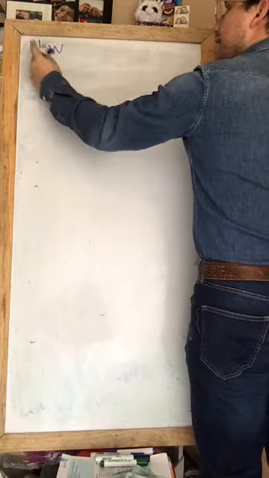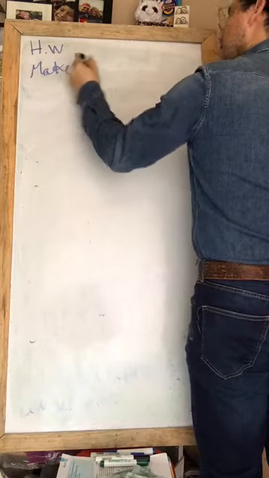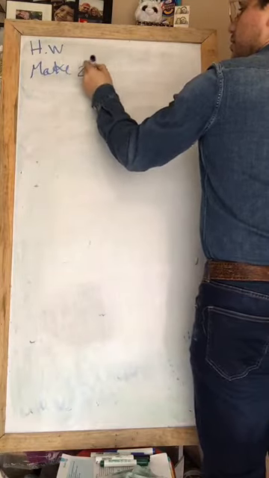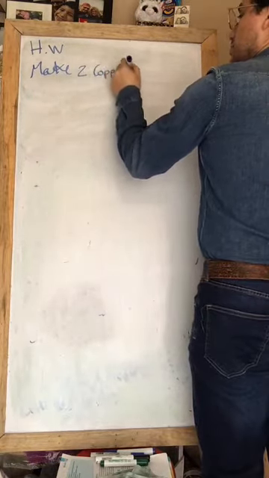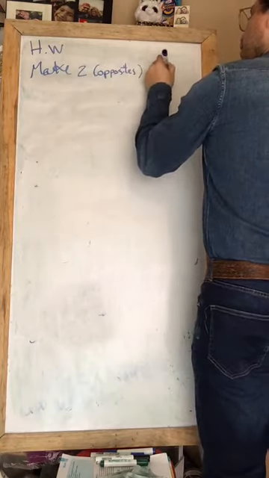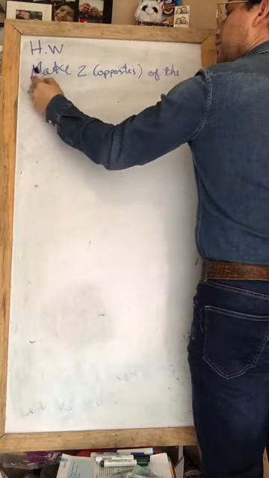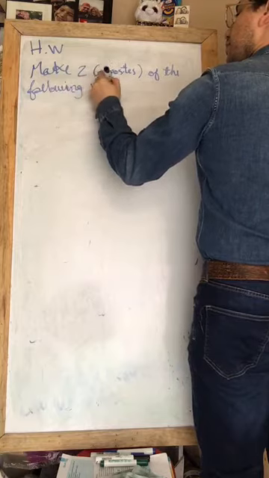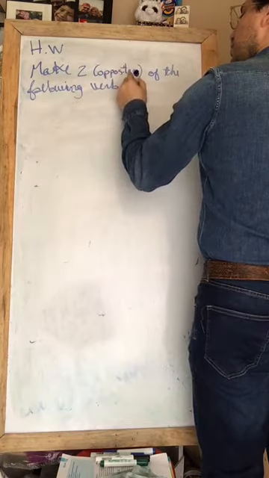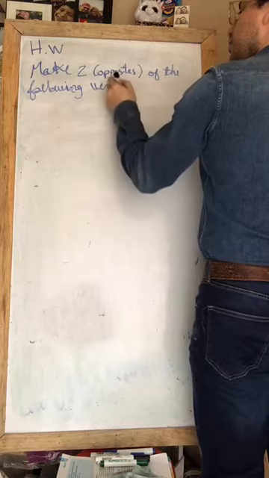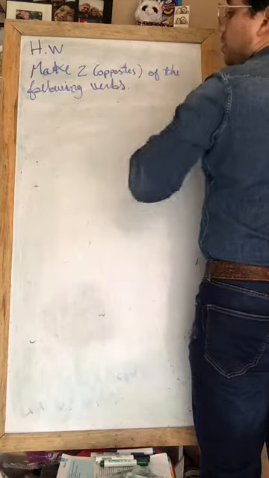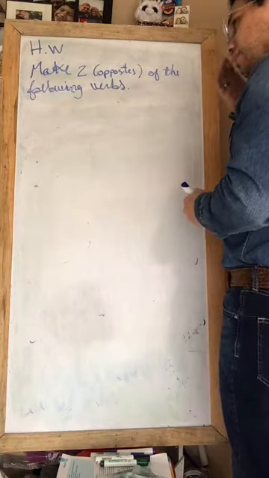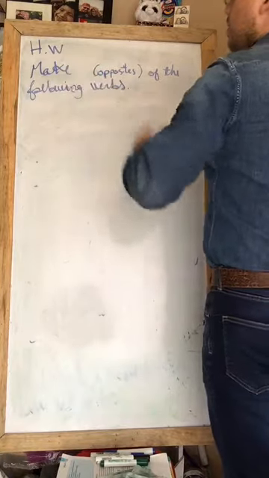Okay, so we have in here homework. You are going to make two sentences, the opposites of the following verbs. No, it wasn't two sentences, was it?